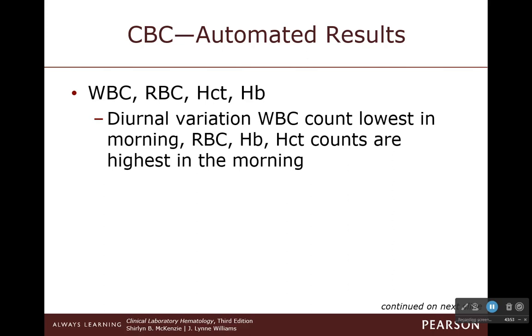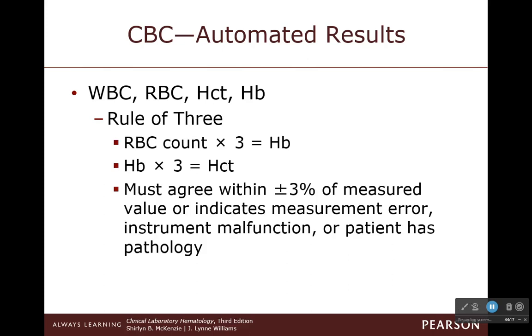Usually that's the one, but the RBC and hematocrit can do that too. Hemoglobin tends not to, but it can also. So you can have some diurnal variation in CBCs. A lot of times you may see a CBC done in the morning and then one done at night, just to compare the two because of that diurnal variation.